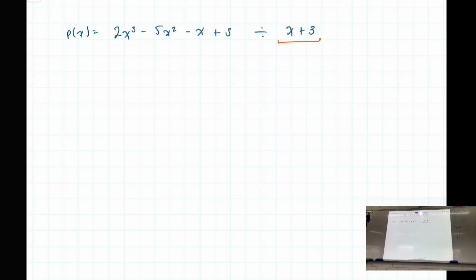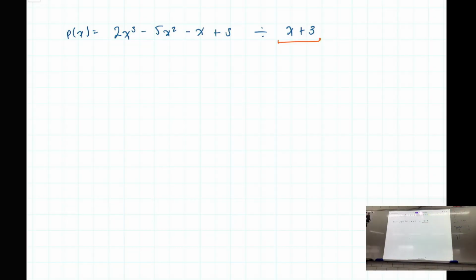Let's say, for example, my function is p of x, and I've got 2x cubed minus 5x squared minus x plus 3. And I'm going to divide that by x plus 3. All right? Pay attention. Synthetic division has specific rules. One of the rules is that I can only divide by a linear factor, like x plus 3, x minus 2, x plus whatever.